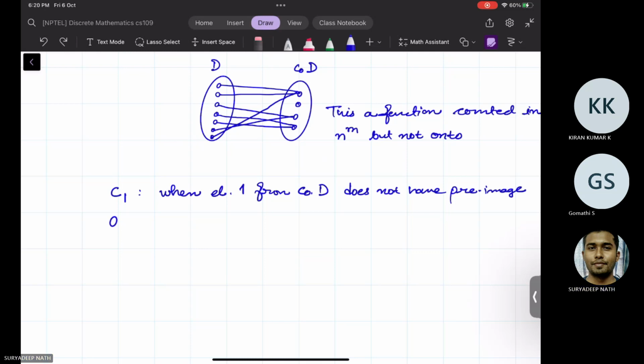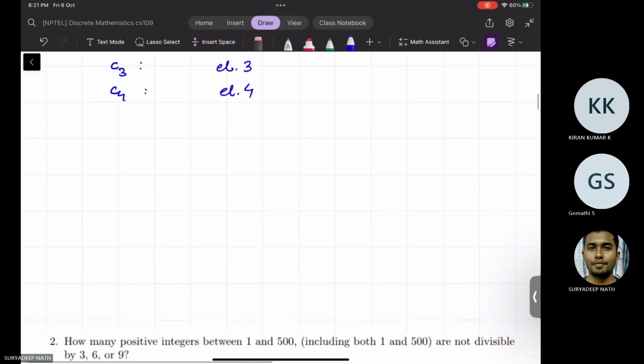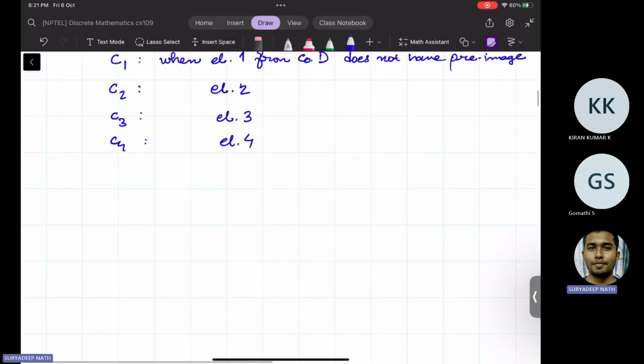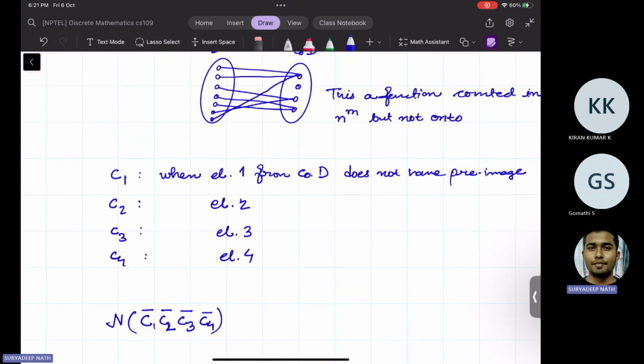C2 is element 2, C3 is element 3 and C4 is element 4. And so what we have to find out is n of not C1, not C2, not C3, and not C4. So it means that all of the elements in the codomain have a preimage, which makes the function onto.